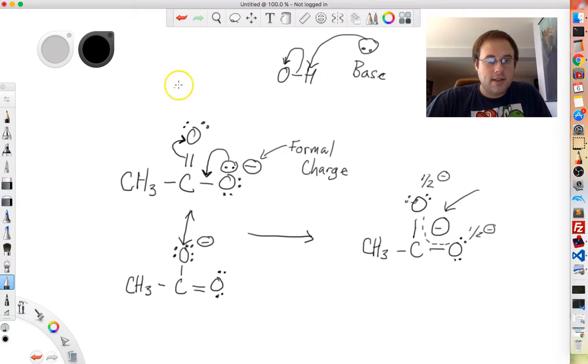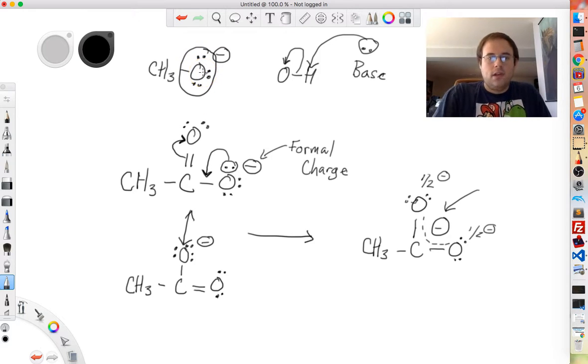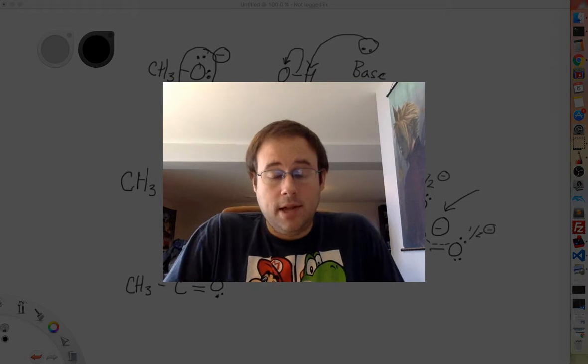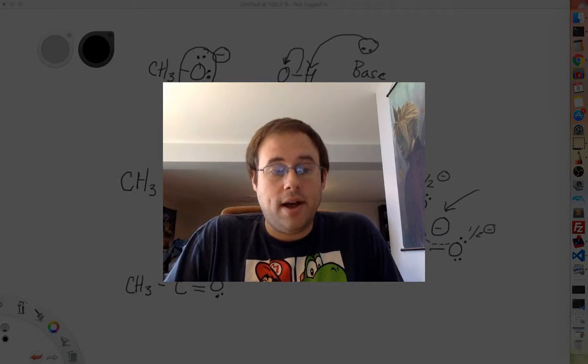Take a deprotonated methanol, just CH3O: there is nowhere for the formal charge on the oxygen to go. It can't be shared with the methyl group. This oxygen is solely responsible for the extra electron density, with no partner to help spread it out. One of the examples I always give in class to explain this is, if you take something that's very high energy, my example is usually a very hyper child.